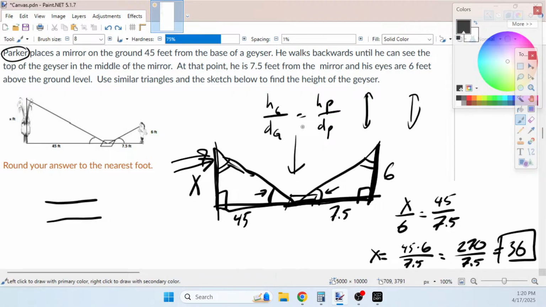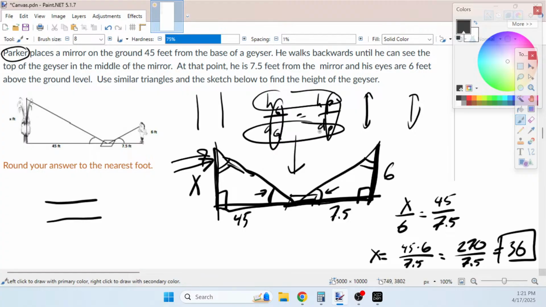And then I'm doing the types of distances: heights are on top, lengths are on the bottom. As long as I line it up so that two of the categories that correspond are vertical, the geyser versus Parker, and the other two categories are horizontal, the heights and the distances, then my proportions work.